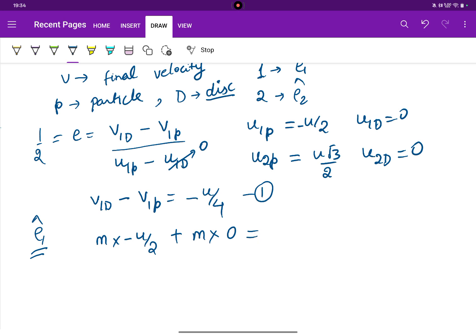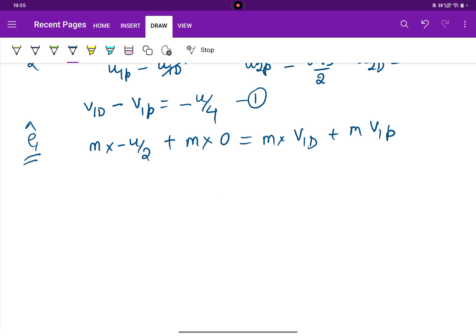Final momentum in one direction is m times v1d for the disk plus m times v1p, right? m is cancelled out, I have just written it for bookkeeping. So v1d plus v1p is equal to minus u by 2.